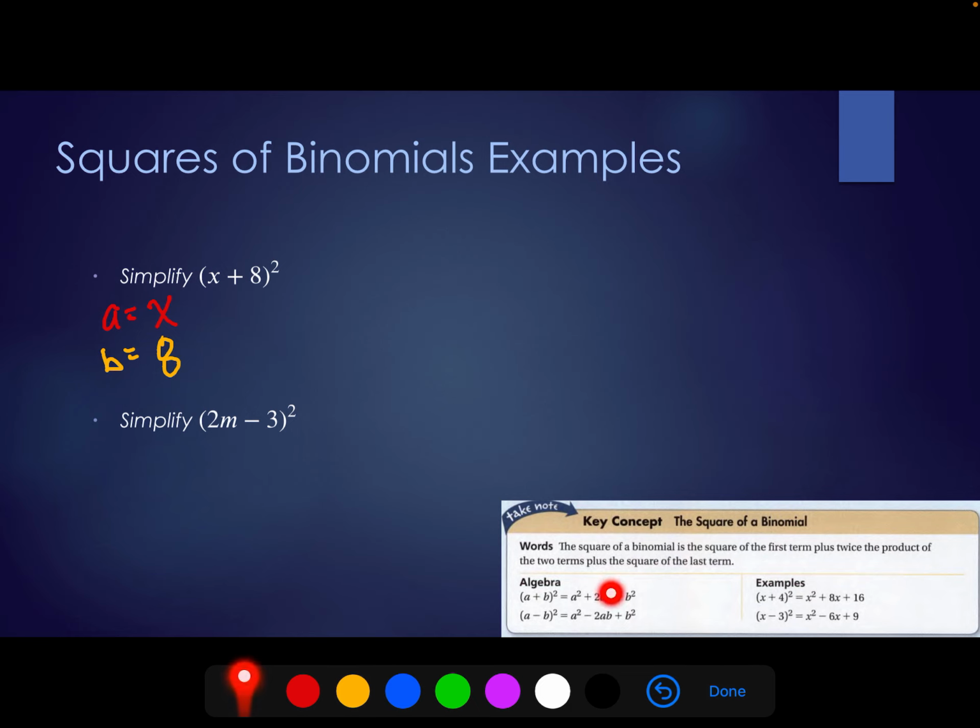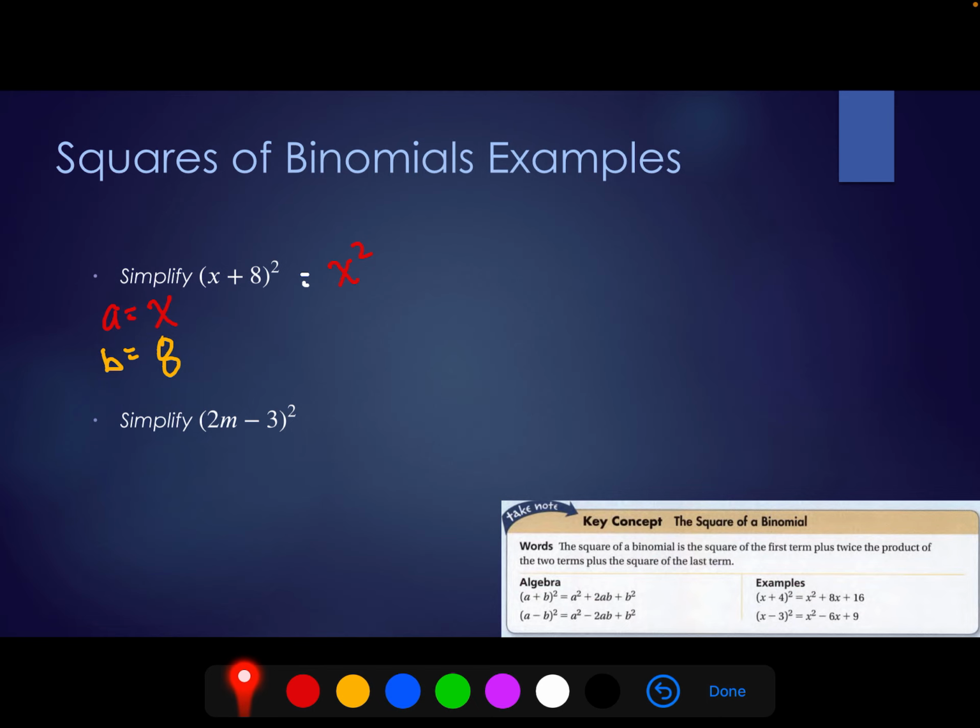We have down here, it says it's equal to a squared. So that means this will be equal to our a term we said was x, right? So x squared plus 2 times a times b, right? That's what this 2ab means, just 2 times a times b.